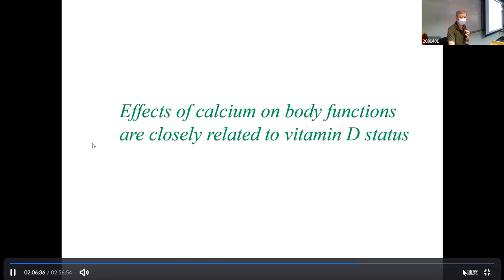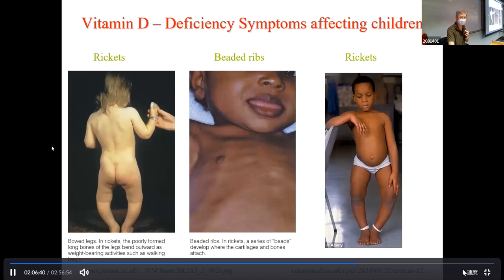Effects of calcium on body functions are closely related to vitamin D. So that's why we are going to talk about vitamin D, and I'm sure you are quite familiar with some of the effects of vitamin D from your nutrition course. So we are only going to highlight some of the information which is new to you.